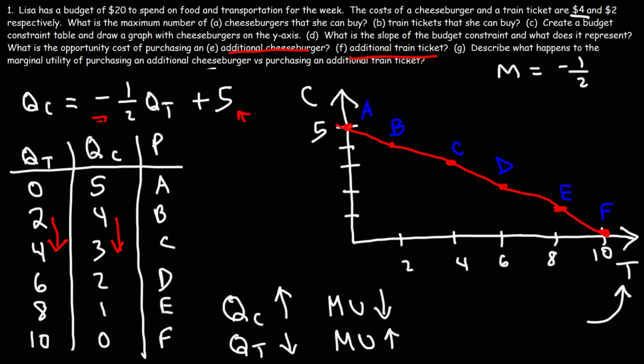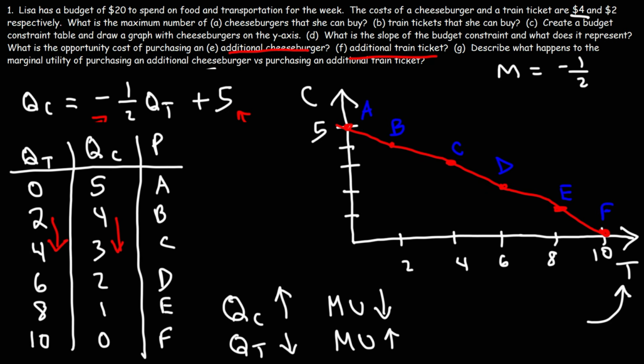So for instance, let's say you're very hungry. The first cheeseburger you buy will be very satisfying because it satisfies your hunger. If you purchase a second cheeseburger, it may still satisfy you, but not as much as the first cheeseburger. By the time you're eating the fourth cheeseburger, you won't get the same satisfaction.